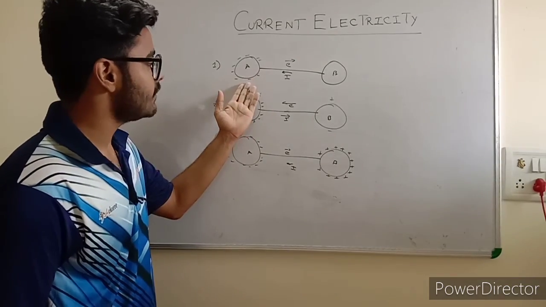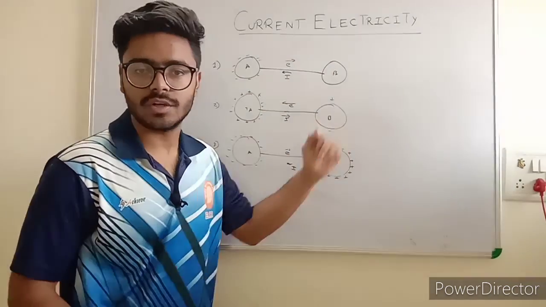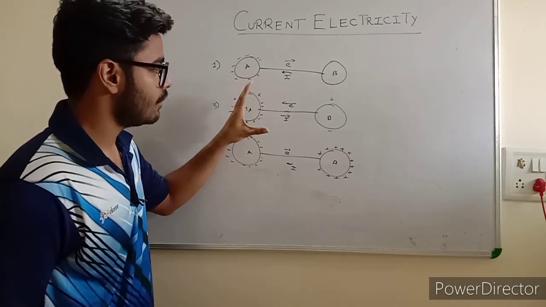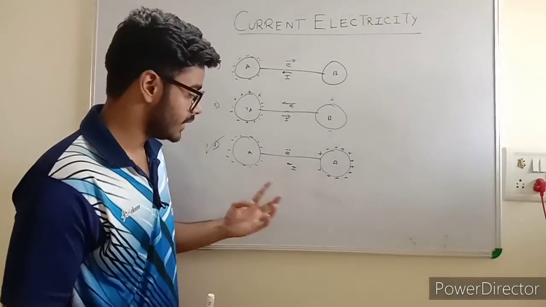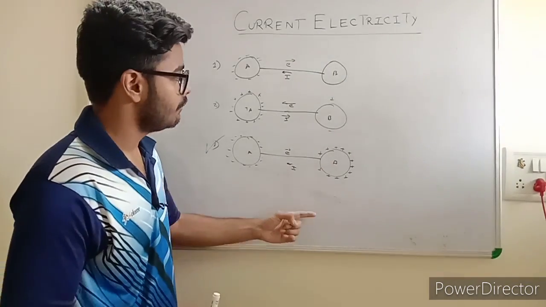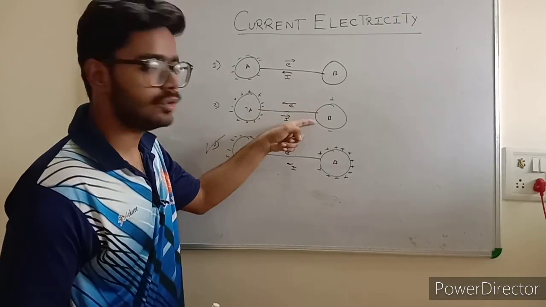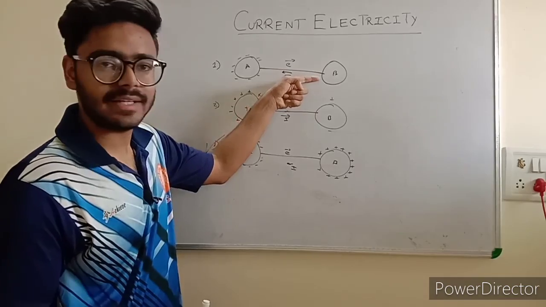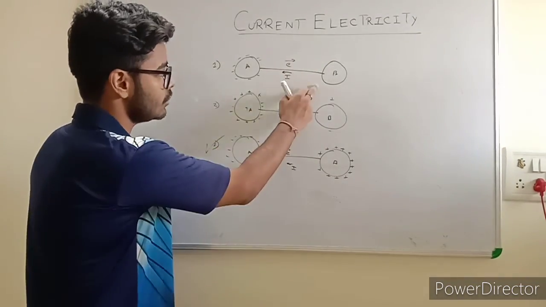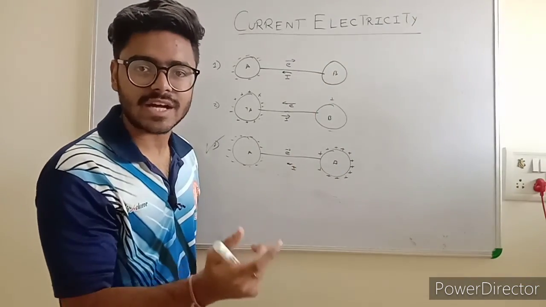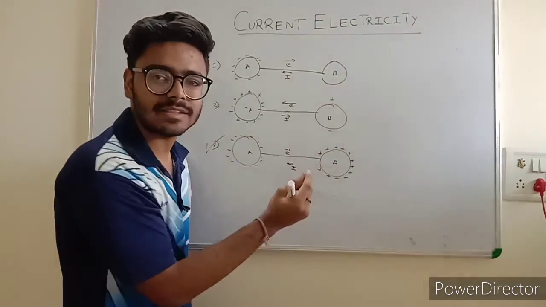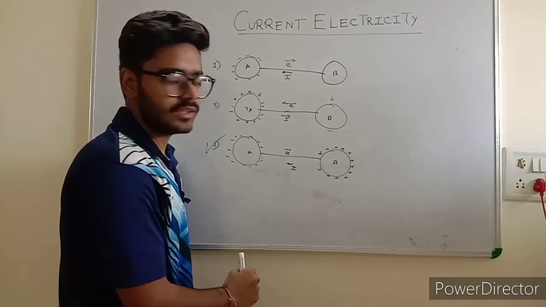So this is a negatively charged body and this is a neutral body. If we want to arrange the highest potential difference, I am saying this is the highest potential because we have two neutral bodies with the same number of negative ions and the same number of positive ions. So it is totally negative, but here also the negative charge is there, so it decreases the potential and potential difference of the body.